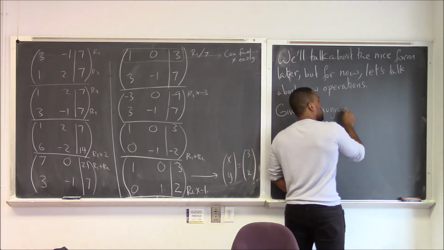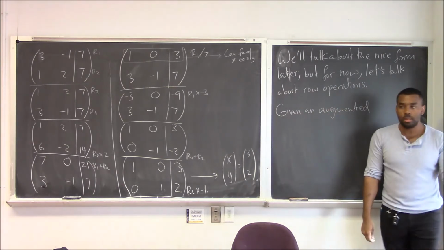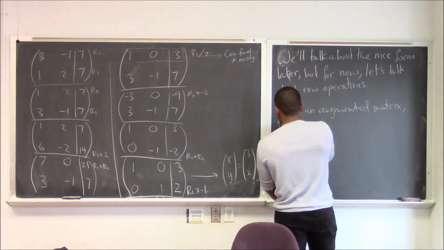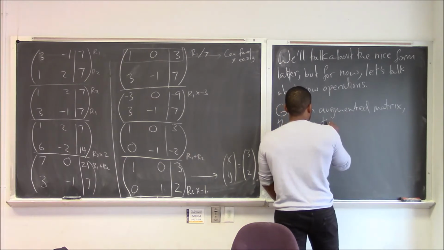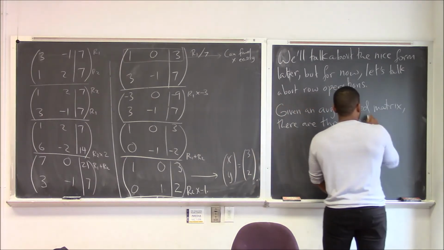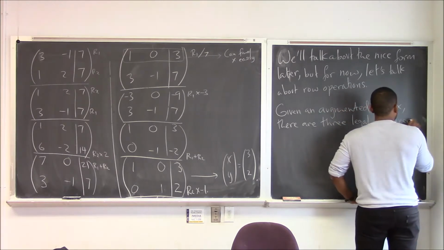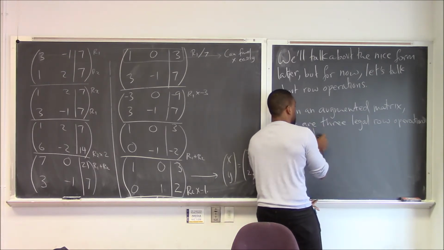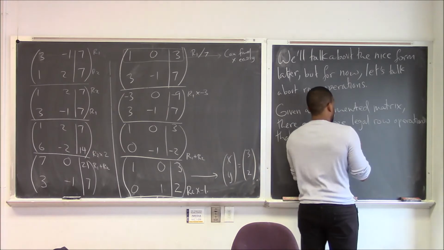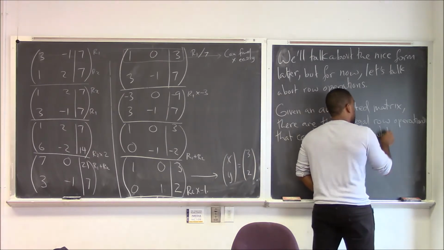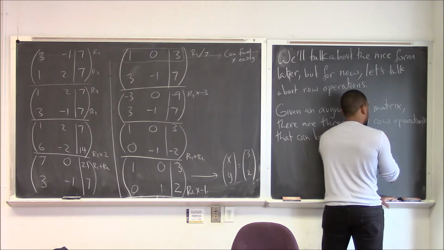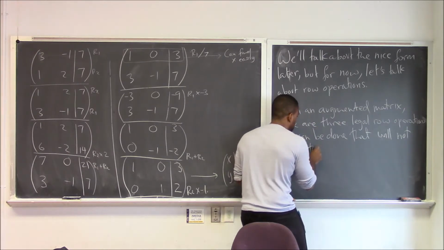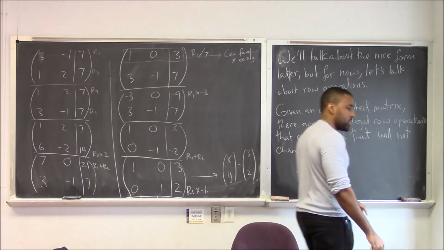Given an augmented matrix, meaning that you have a matrix that you understand represents a system of equations, there are 3 types of things we can do.